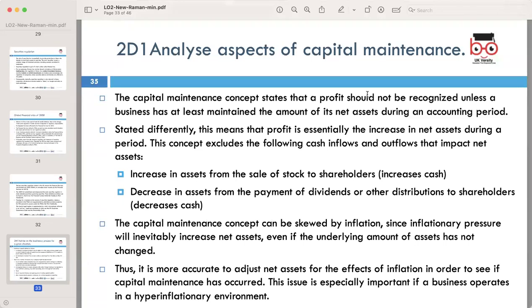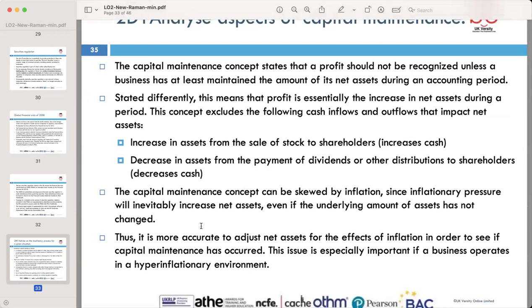The concept excludes certain items impacting net assets such as stock sales to shareholders and payment of dividends. Inflation can skew this concept, emphasizing the importance of adjusting for inflation in assessing capital maintenance, particularly in a hyperinflationary environment.